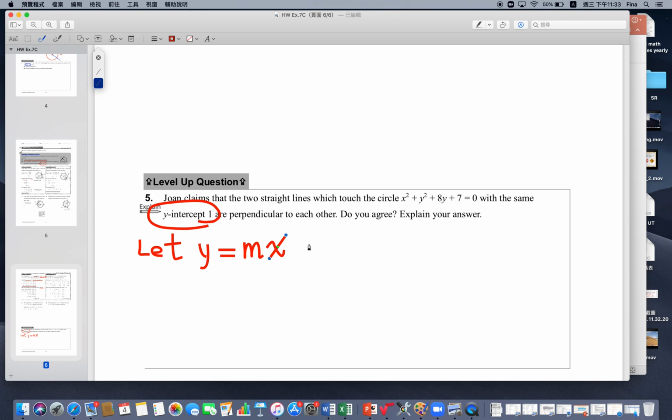And now I know that the y-intercept is equal to 1. This is the slope-intercept form of the straight line. Because I don't know the straight line, I let it be y equals mx plus 1, the equation of one of the straight lines.